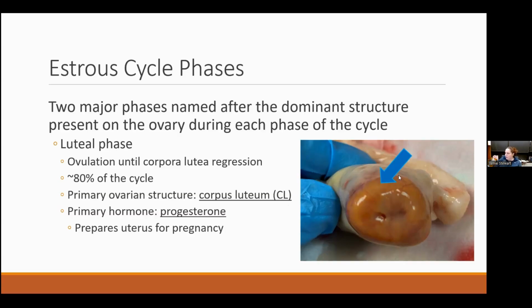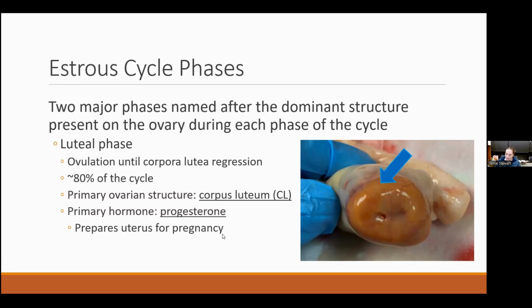This is basically what forms after that follicle ovulates and ruptures. All of the cells within where that follicle ovulated remodel, and after so many days they build this structure, and it produces progesterone. The entire purpose of this CL forming is to start preparing the uterus for pregnancy.